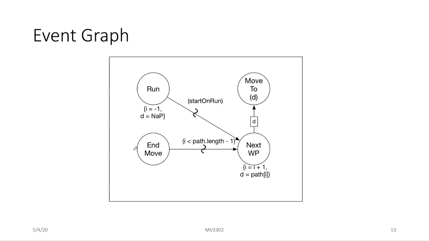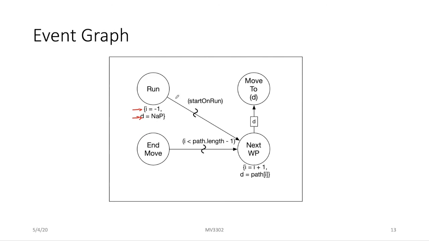I'll have to fix this, but yeah, this is more like it. All right, so for our run, we're actually going to initialize our index to -1 and our next guide to not a point. That actually turns out to make a little more sense.